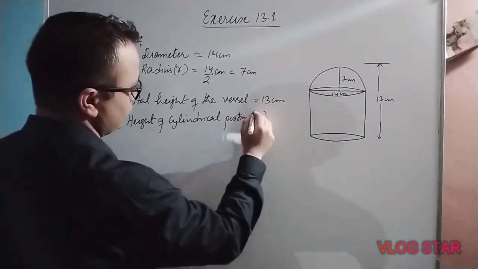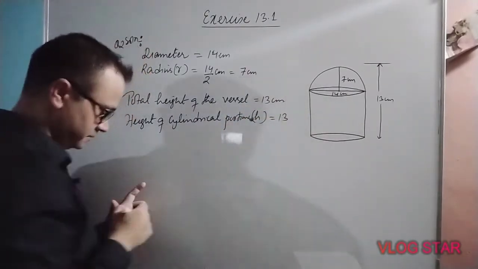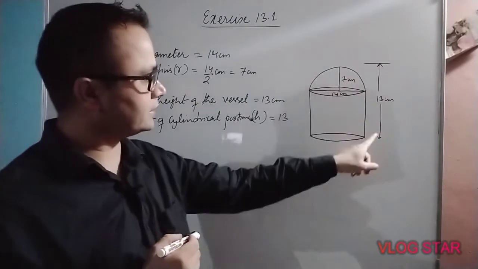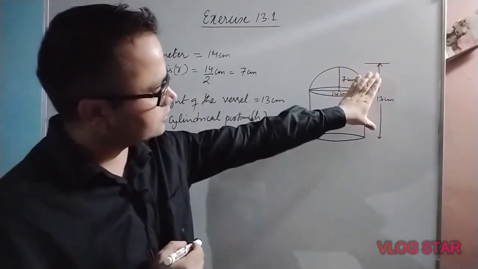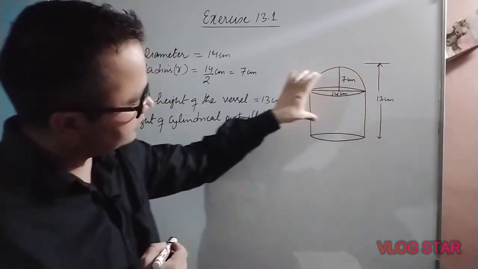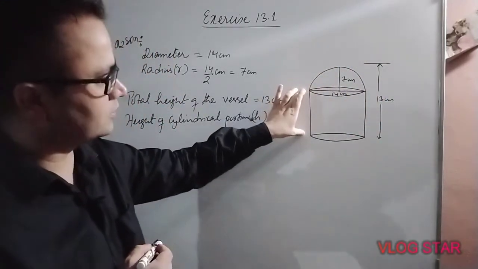If you subtract 7 from 13, you get only the cylinder portion length.